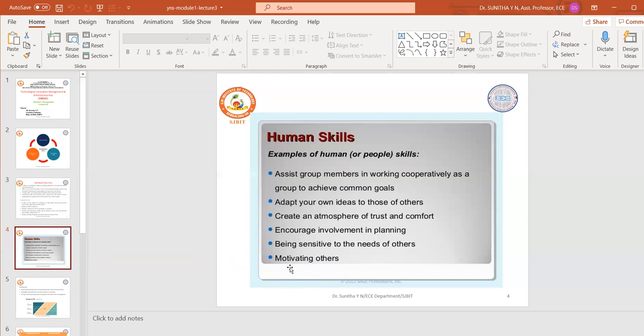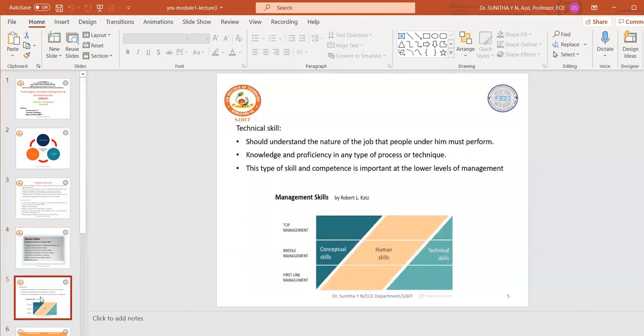If a manager cannot provide financial benefits, he can give non-financial benefits to motivate them. There are many ways to motivate the subordinates. It depends on the human skill, what type or amount of human skill he possesses. That is actually reflected here in how he will be motivating. Technical skill.